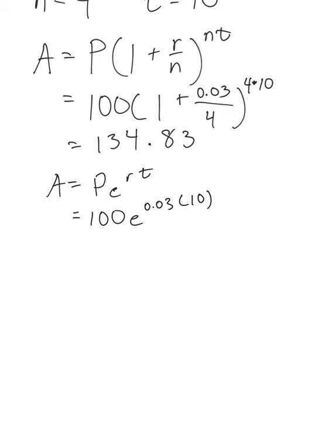Maybe people don't think that it's going to cost that much. So then we just put it into our calculator, and we get 134.98. So there, you'd actually have to pay a little bit more than what we would get paid once in a while.